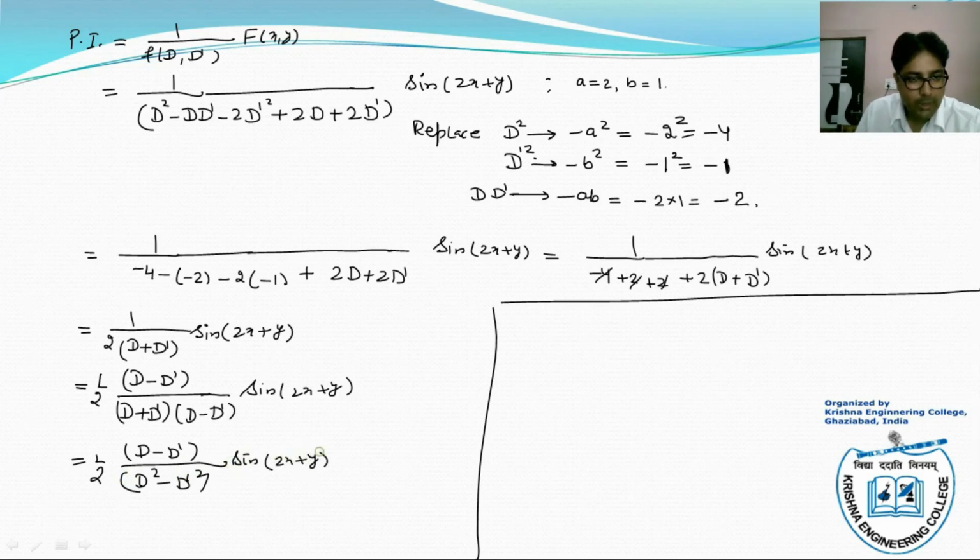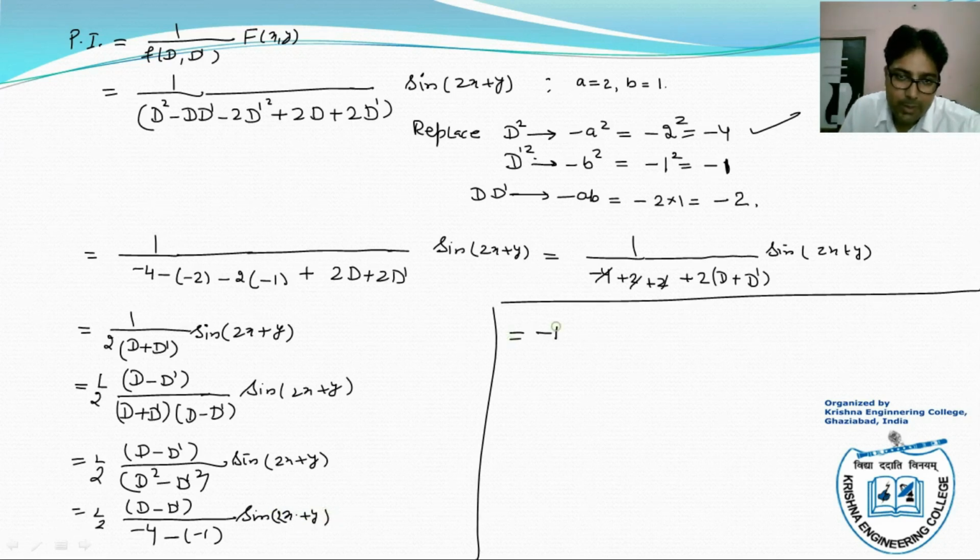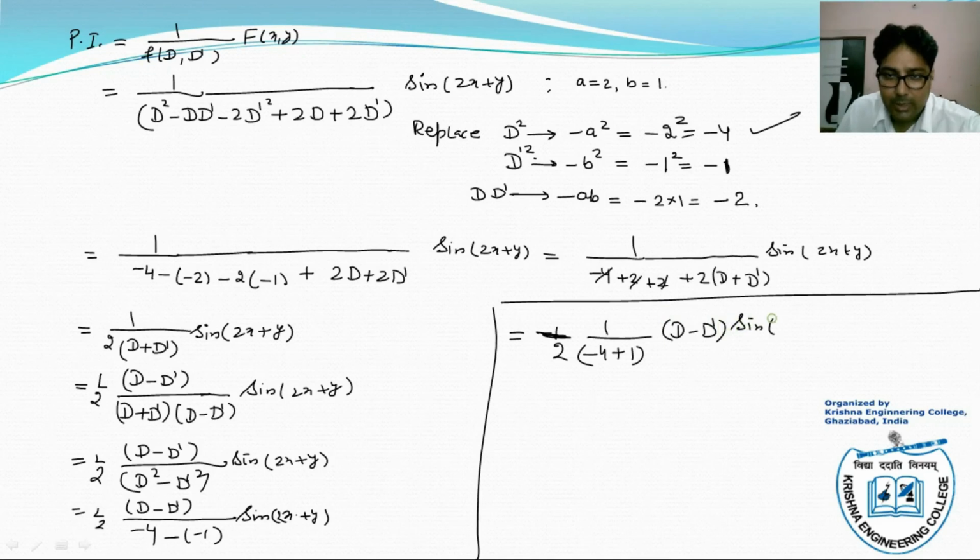Again replace D squared by minus 4 and D' squared by minus 1, sin of 2x plus y. So this is 1 upon 2, and in the denominator minus 4 plus 1, and D minus D' of sin of 2x plus y.